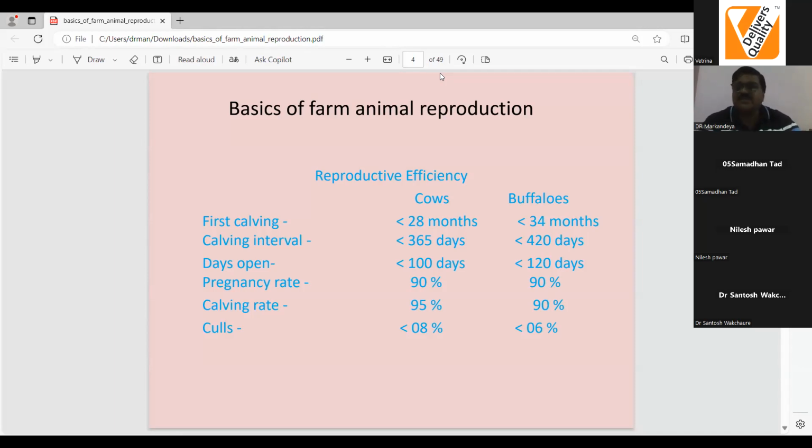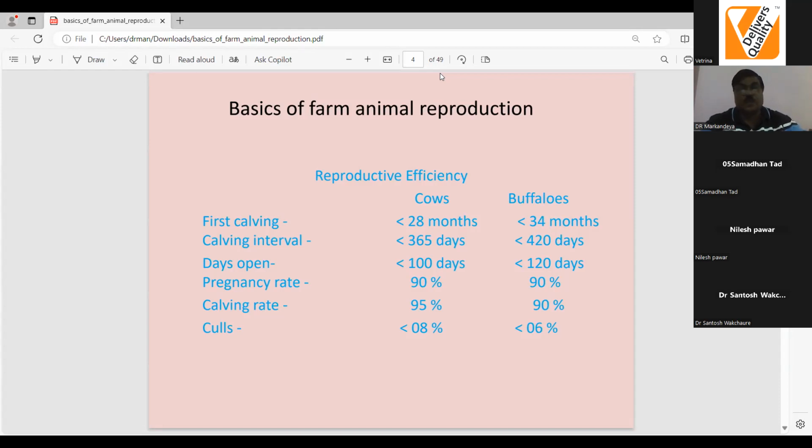In case of buffaloes, the same thing is expected with 34 months as a target. 32, 34, 36, we can have our own targets. Calving interval, this is an international phenomenon. We have largely accepted that 365 days should be the intercalving interval in cows, whereas in buffaloes, let it be 420.